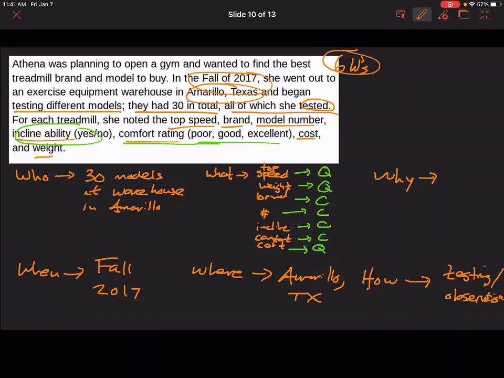And then why? It says she wanted to find the best treadmill brand and model. So to find the best treadmill for her gym. So that's 6 W's.